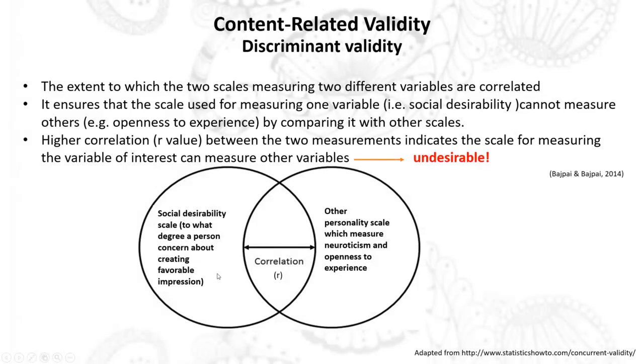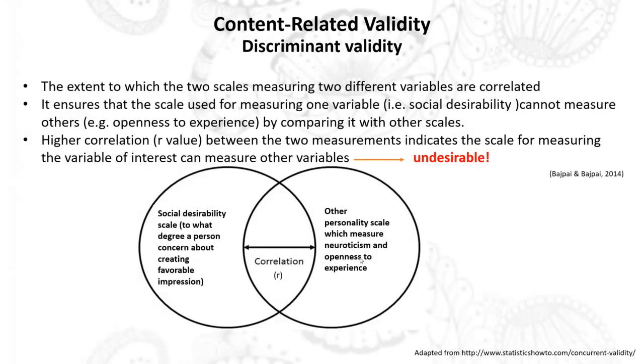I have a social desirability scale, and then I need to find other personality scales, like openness to experience and neuroticism, that are totally different from social desirability. Then I recruit a group of people, maybe all of you here, to do the social desirability scale, and at the same time do the neuroticism and openness to experience scales.